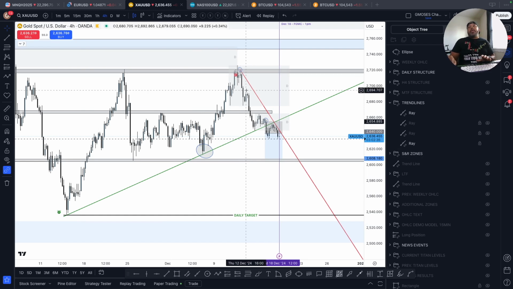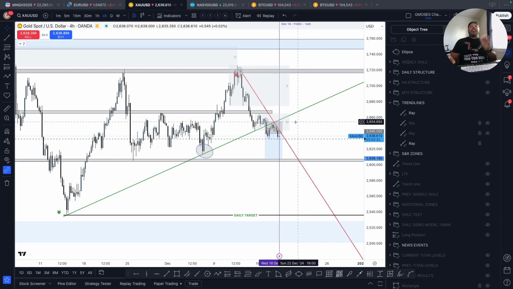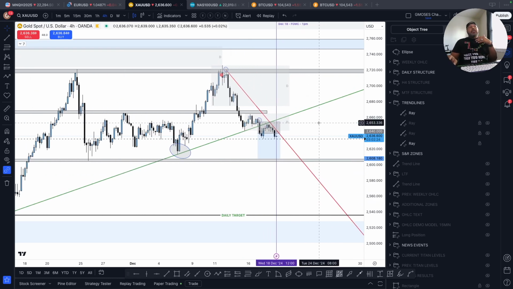We have price break this area and give us a nice retest on the 4-hour time frame. Now I'm traveling along this trend line, and I want to see how far I can go because I've taken 2 entries. I plan on swing trading one, and the other I'll probably take down to this area, maybe take partials on that one and let the rest run out.